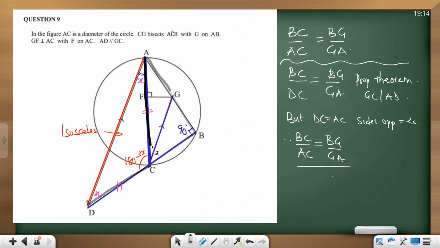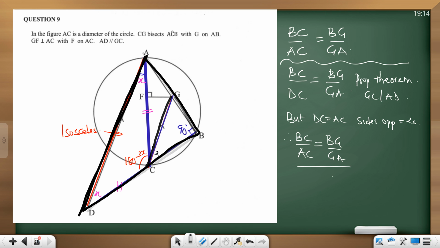So I could change the whole question and say BC over DC equals BG over GA. So I am working there. And I know that those are parallel lines. Hence, simple proportionality now. The only thing was they changed this line to that line. Talk to me, Idris. Did you get it?